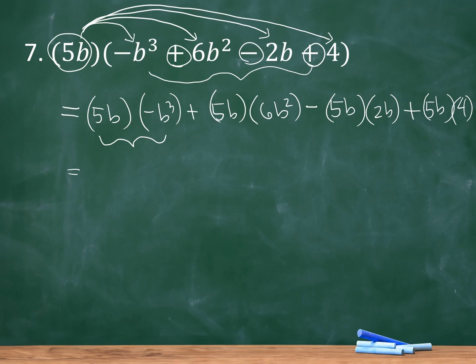You can think of negative b cubed as having an imaginary negative 1 here.